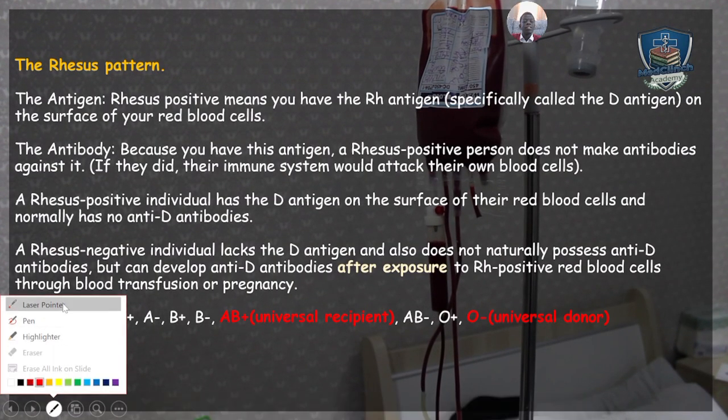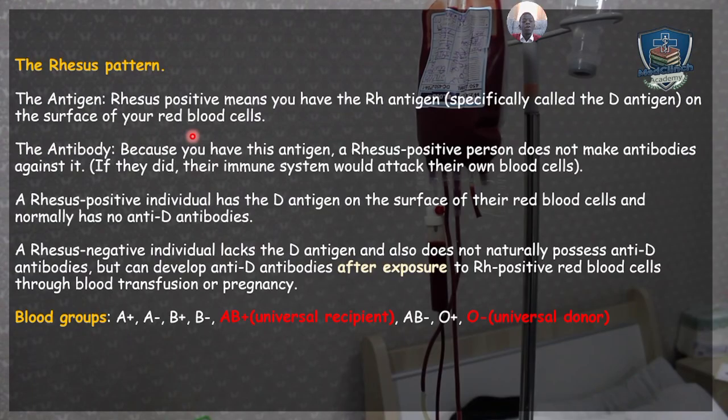You can see in my diagram here, we have a rhesus pattern. Remember I told you in my previous slide that we can have 4 major groups of blood cells: A, B, AB, and O. But now, because of rhesus, we expand these groups to 8.